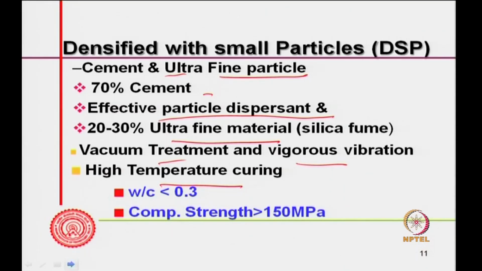Then you can get a compressive strength of greater than 150 MPa. So, this is densified with small particles, DSP cement, and you can get strength as good as 150 MPa or greater.